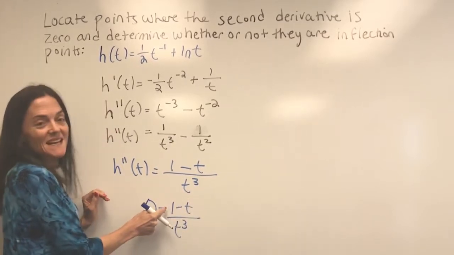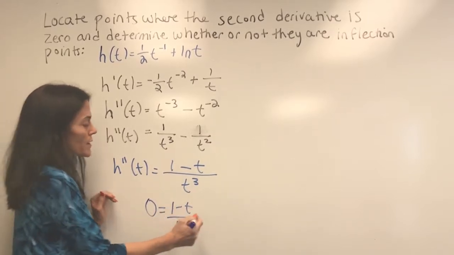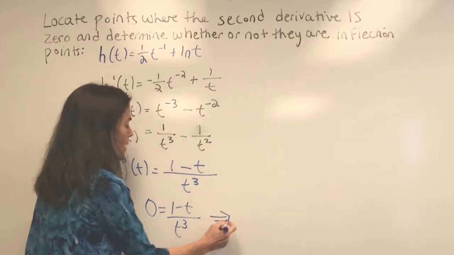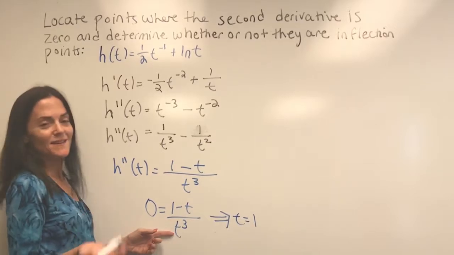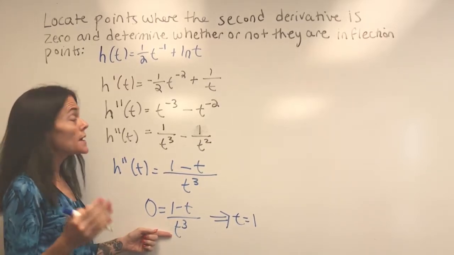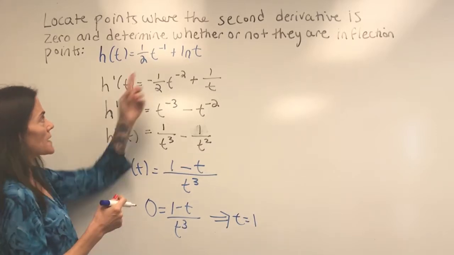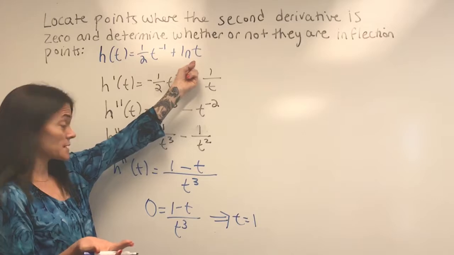We've discussed that a rational function is 0 only when the numerator is, and so we get one place, t equals 1. And we know it's undefined where the denominator is 0, but this is not in our domain anyways. You can't evaluate this term at 0. Similarly, you cannot evaluate this term at 0.